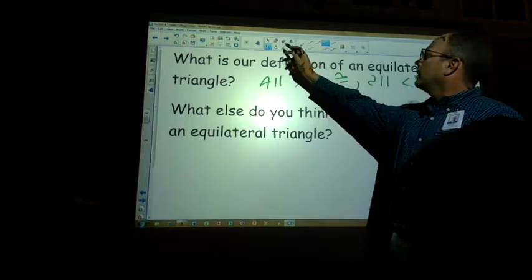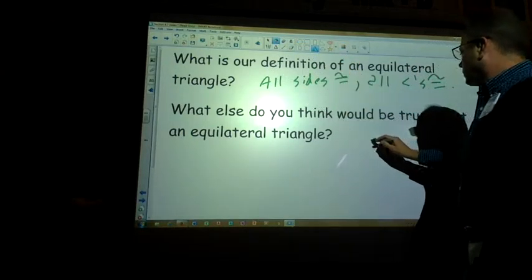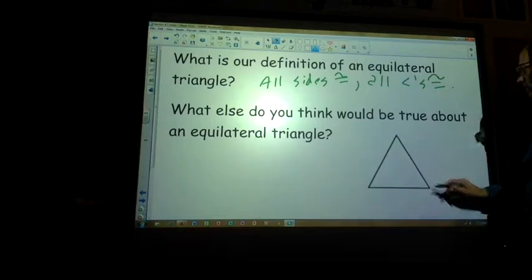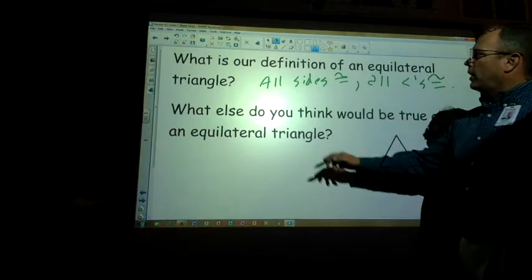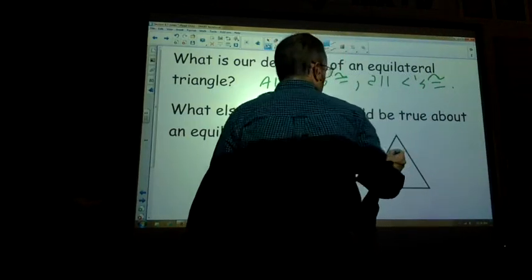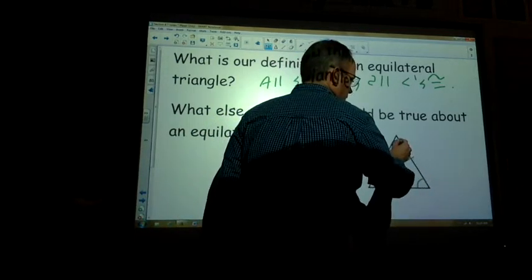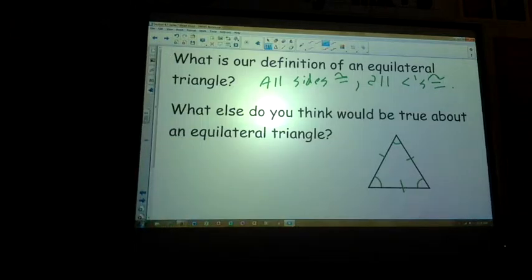Any ideas? Does that look about equilateral? Yeah. So far you've told me this, and this, and this. Anyone else know anything about that?